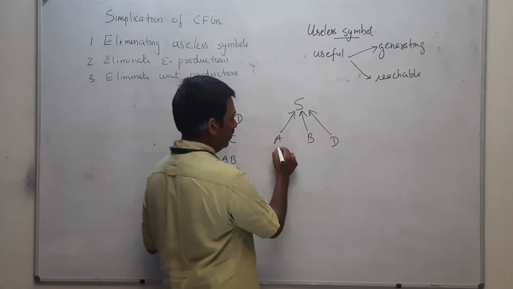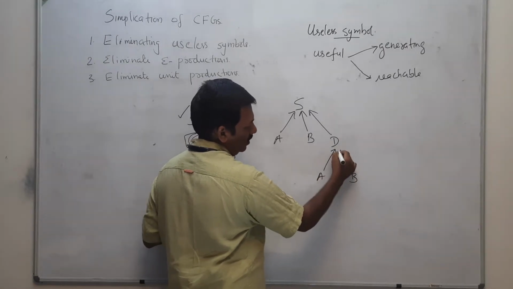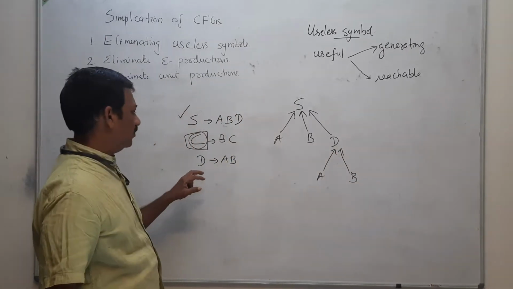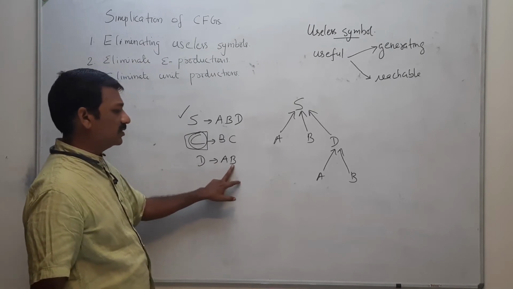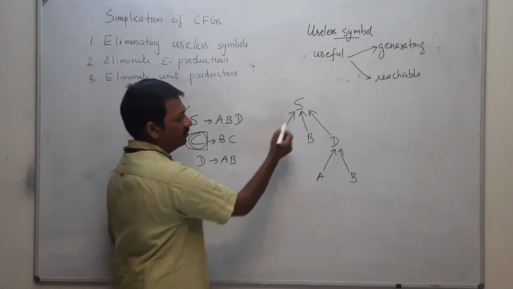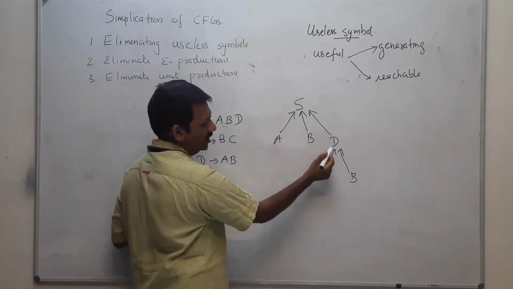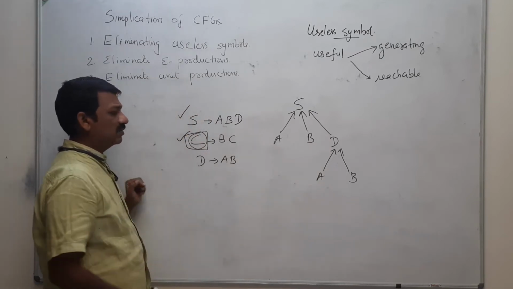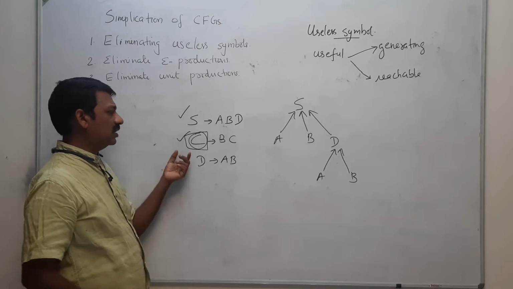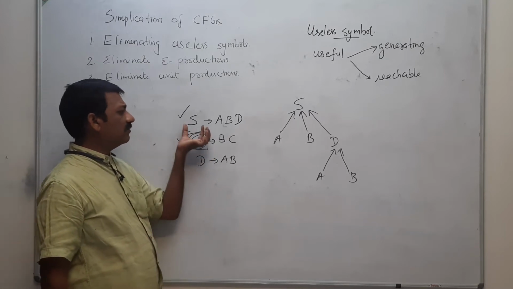D derives AB means D derives A, B. That means from S you can reach A, B and D. S derives A, B, D and D derives A, B. Here also C is useless. Why? C is not generating. C is not reachable from the start symbol.